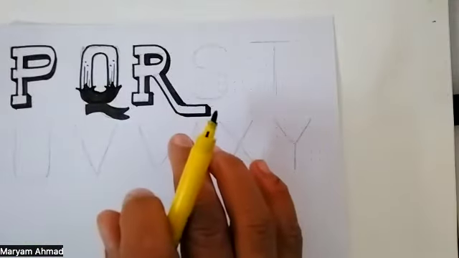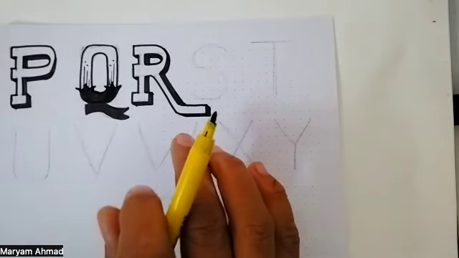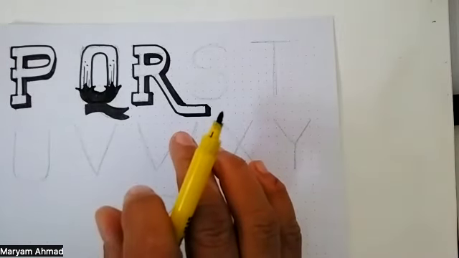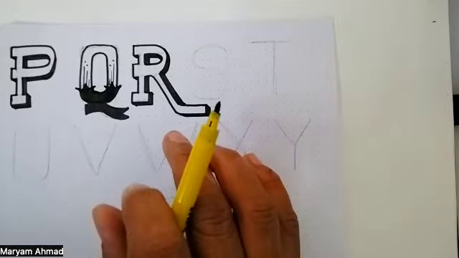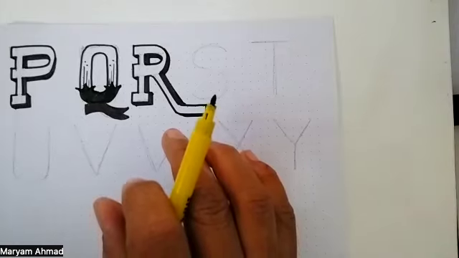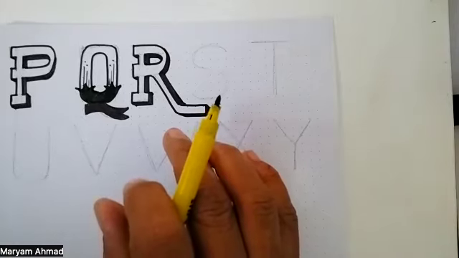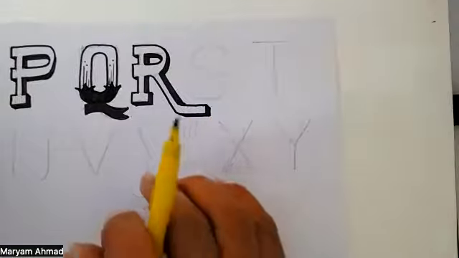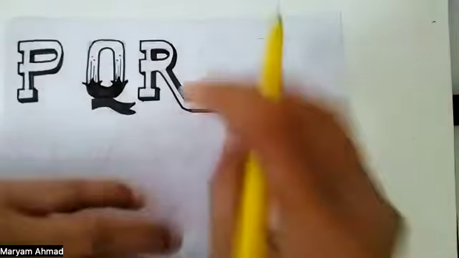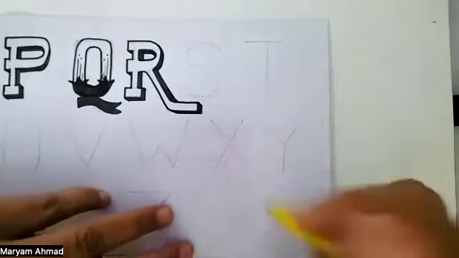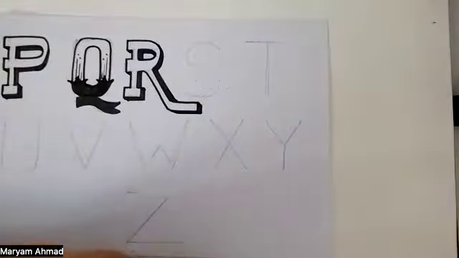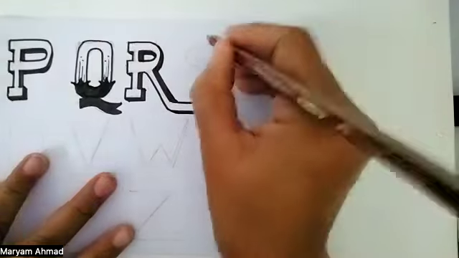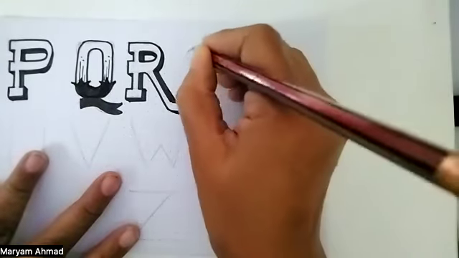Q, and then we have an S. Let me see how different I can make the S. Say, supposing we want to make it slightly more funky rather than a normal simple S. You have the shape.